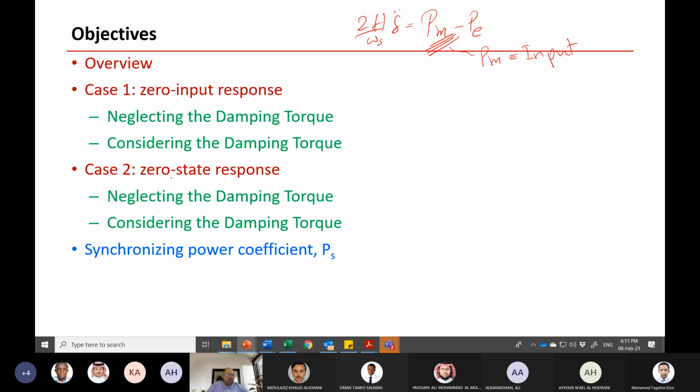Okay, zero state, what is the state here? Ramadan Ali, please. It's the power angle.